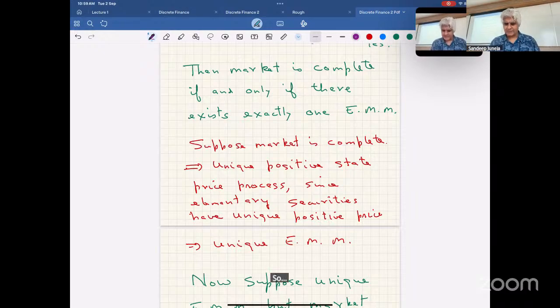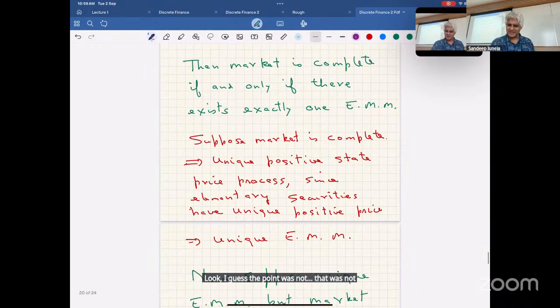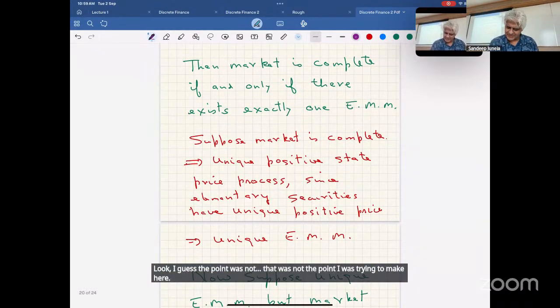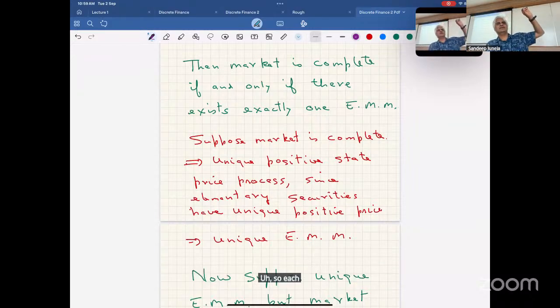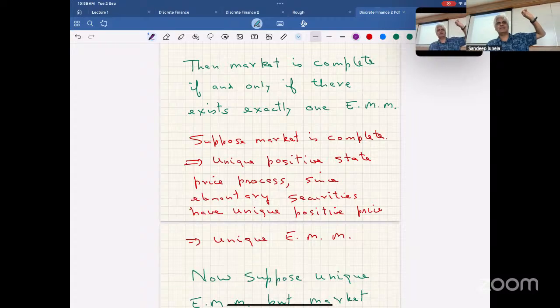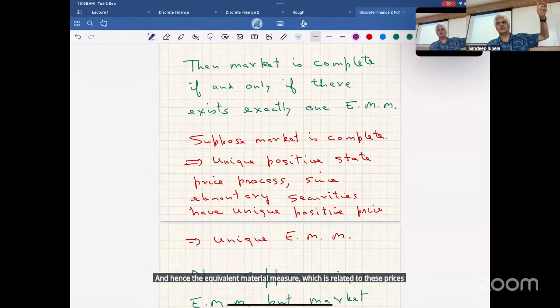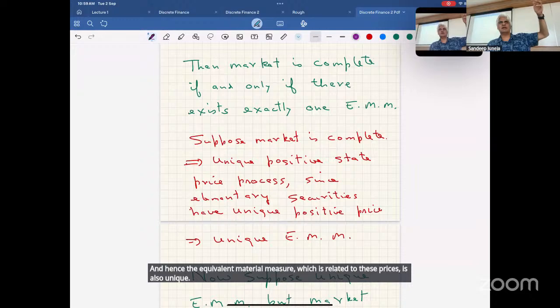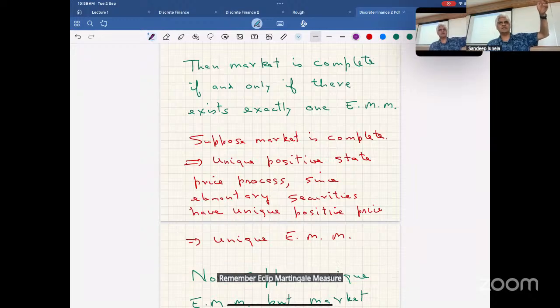So each security can be replicated and it will have a unique price. It can't have two separate prices, right? Then you have arbitrage: you buy low, sell high. So each security has a unique price, and hence the equivalent martingale measure, which is related to these prices, is also unique. Remember, the equivalent martingale measure was just these prices normalized.